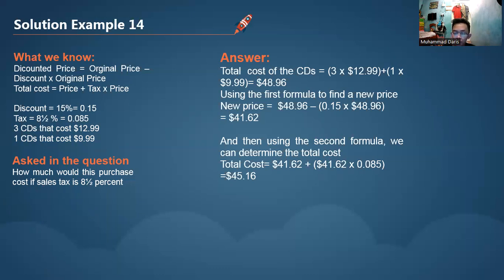To know the total cost of the CDs, we can use multiplication and addition: 3 times $12.99 plus 1 times $9.99, and then we get the total of the CDs is $48.96, $48 and 96 cents.